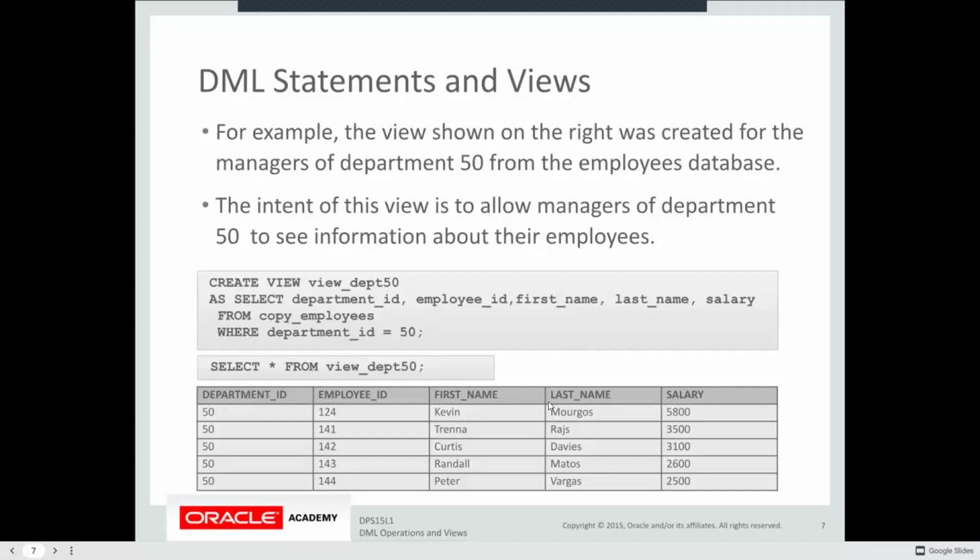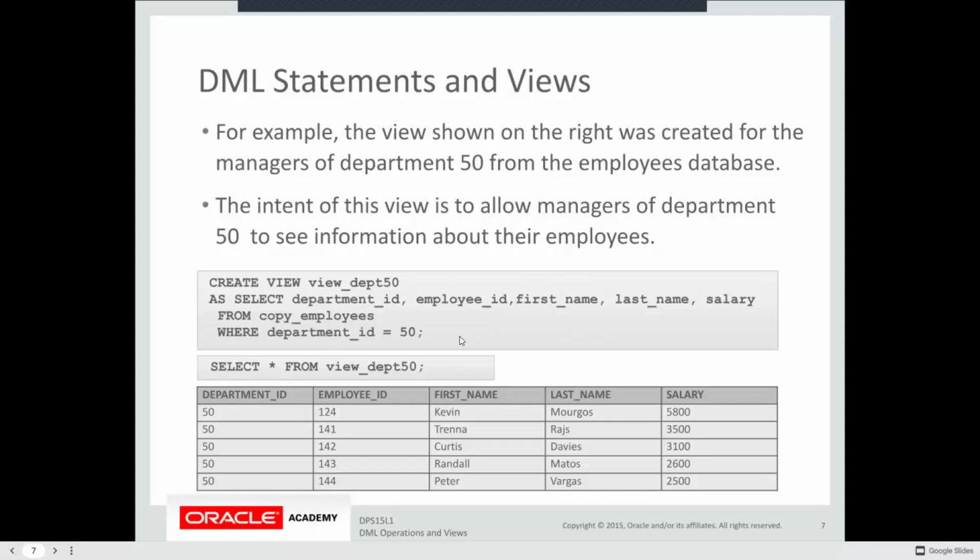All right. So just in my experience, as I continue to state, generally I would create a view for a simple reason, and then sometimes it would simply be a one and done. But for example, the view shown below was created for the manager of department 50 from the employees database. The intent of this view is to allow managers of this department to see information about their employees.